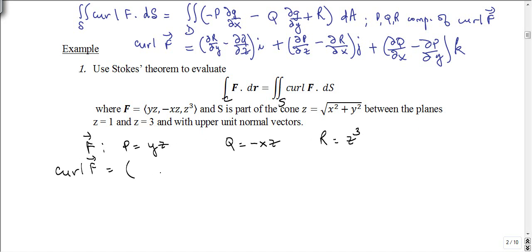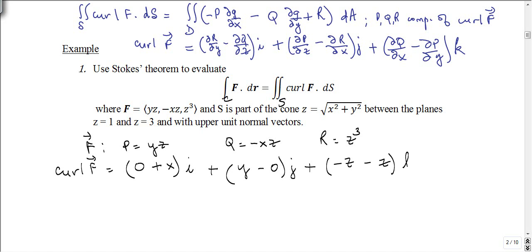Let's do it. Partial R with respect to Y is 0, minus partial Q with respect to Z is minus X, so that's a plus X, i, plus partial P with respect to Z is Y, minus partial R with respect to X is 0, j, plus partial Q with respect to X is minus Z, minus partial P with respect to Y is Z. Okay.